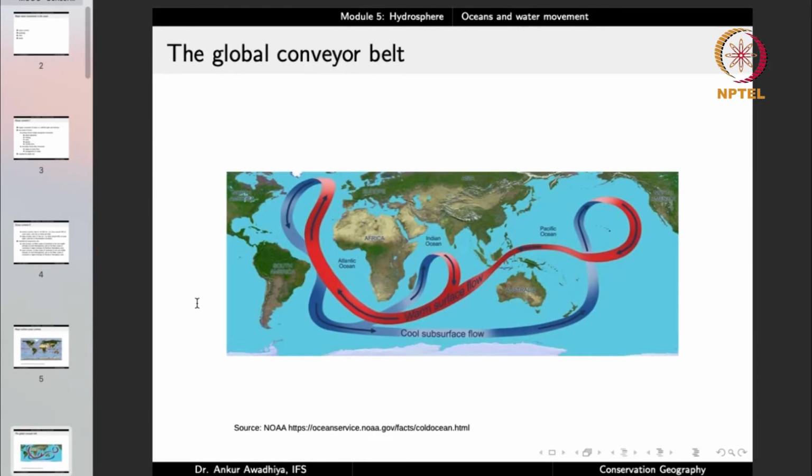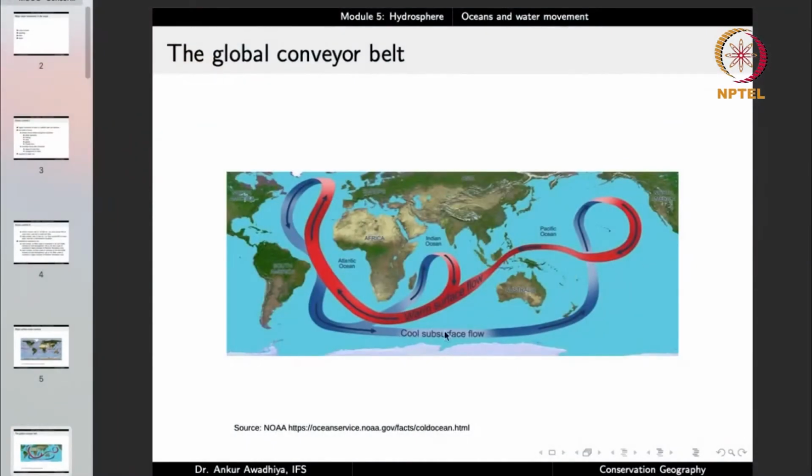Now let us talk about the global conveyor belt, or the thermohaline circulation. This is one of the most important movements of water. As much as 90% of the water that is moved in the oceans is moved because of this conveyor belt.